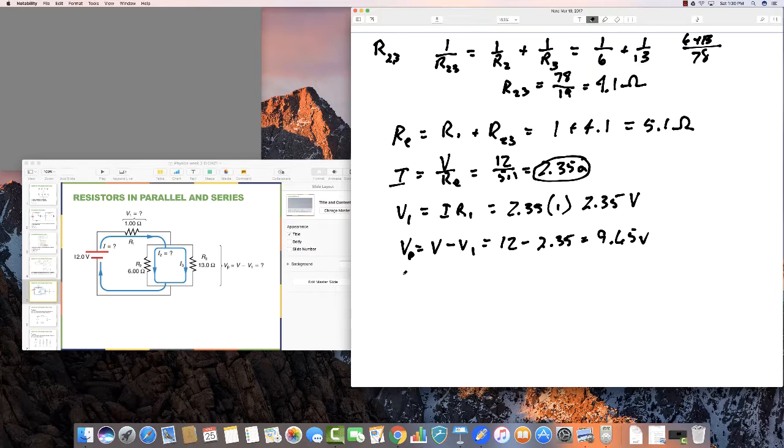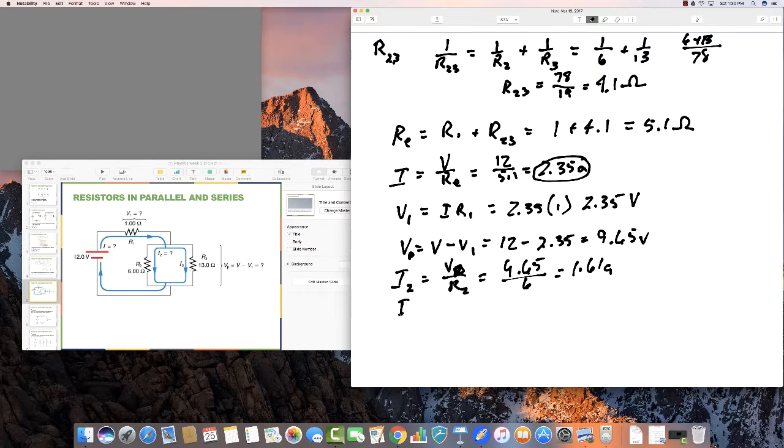So that means that I2 is going to equal Vp divided by R2, which is 9.65 divided by 6, and that's going to be 1.61 amps.